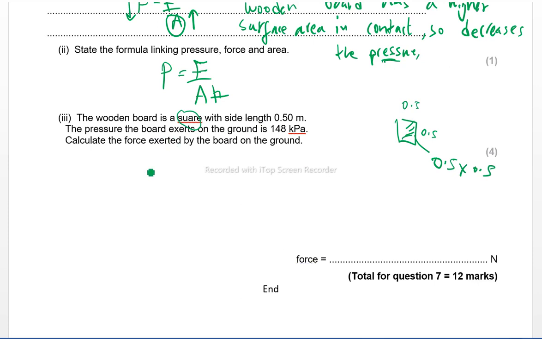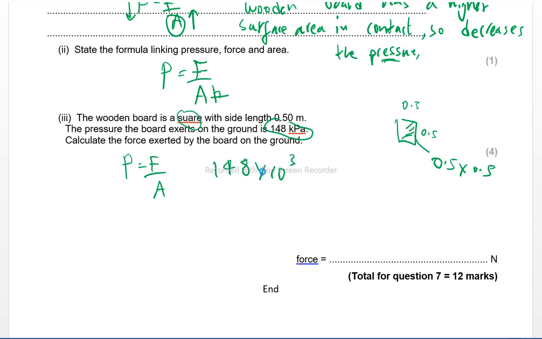Right. So they are asking the force. Pressure is equal to force over area. Do you know the pressure? Yes, they have said in the question, which is 148 kilopascals. So which is 148 into 10 to the power 3.